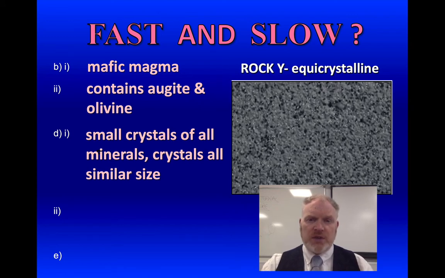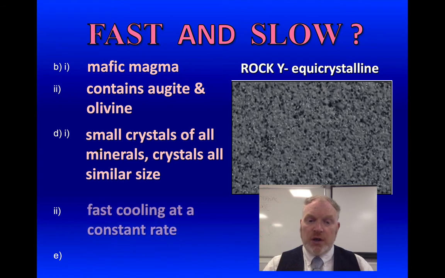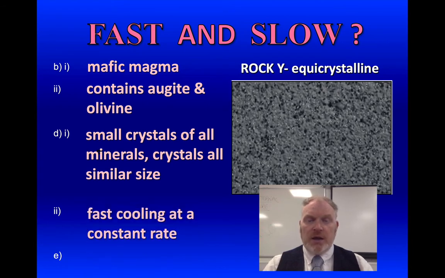The way this forms, then, we know there are small crystals, so therefore it must have cooled quite quickly, but it cooled at a constant rate. That's why all the crystals are the same size. And finally, the name of this rock, this is of course a basalt.